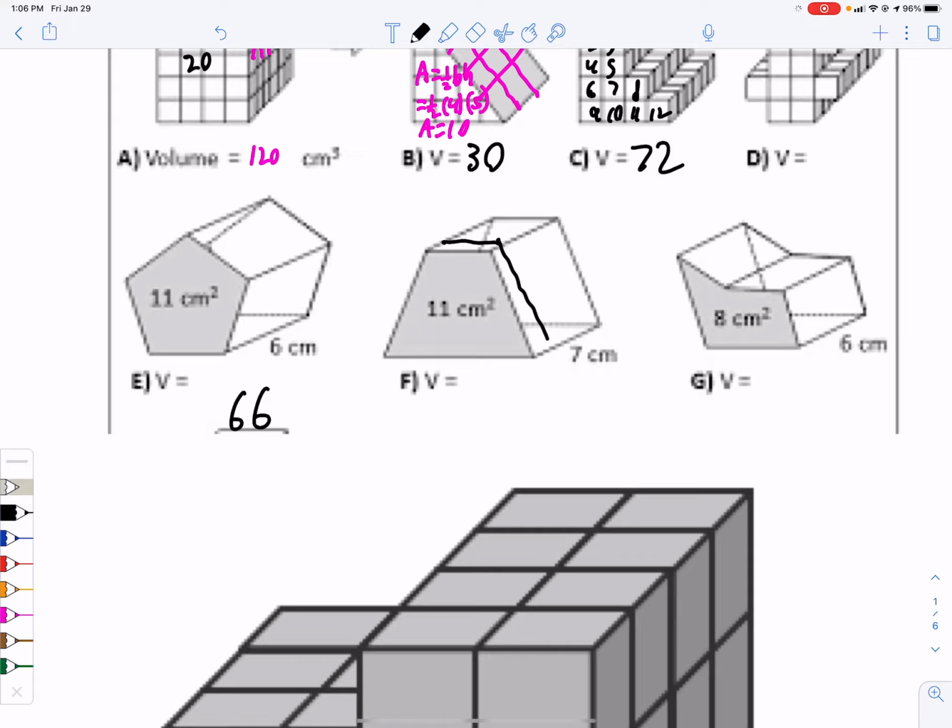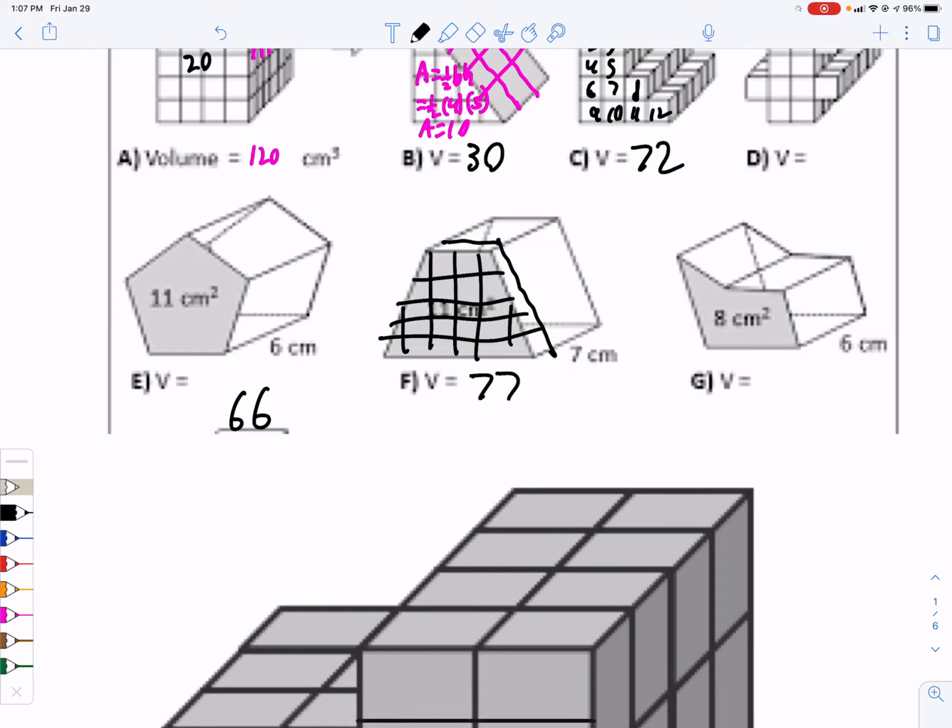If we were to count it out, it would have more than 11, so I didn't draw it. But it says there's 11, and there are 7 stacks of that, so the volume would be 77.